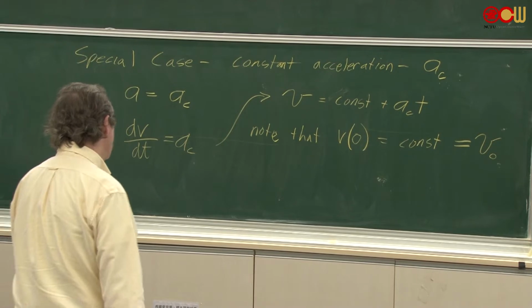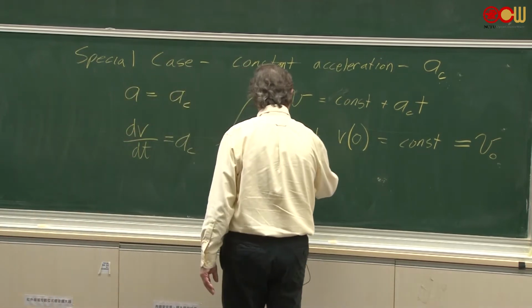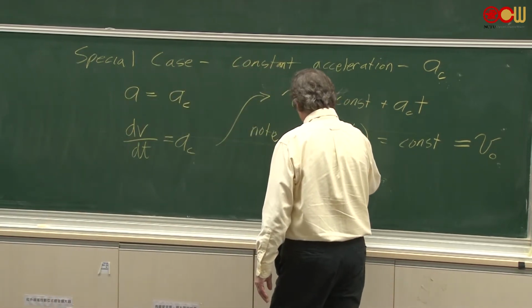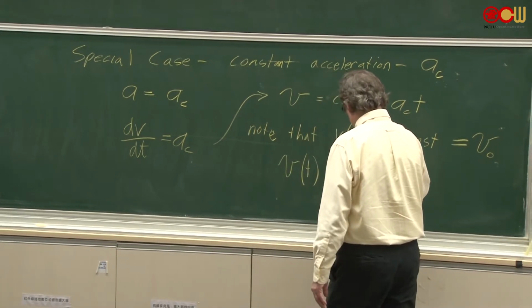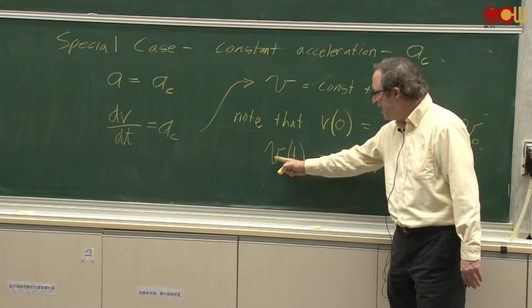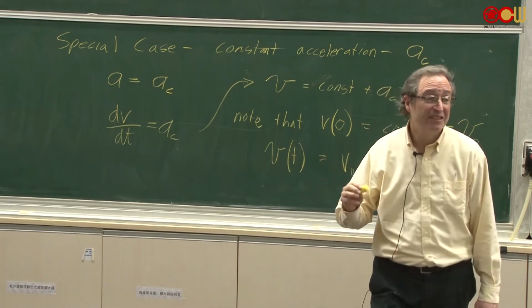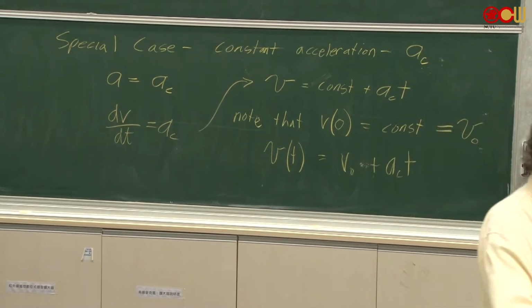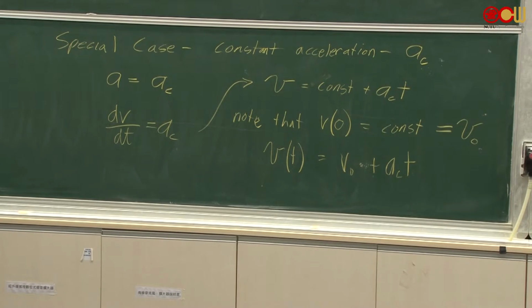Okay? So we get the formula v at some time t is equal to v0 plus the acceleration times t. Now notice, when I write v of t, I'm thinking of it as a function of time. I'm not multiplying by time. So now we have the velocity as a function of time.